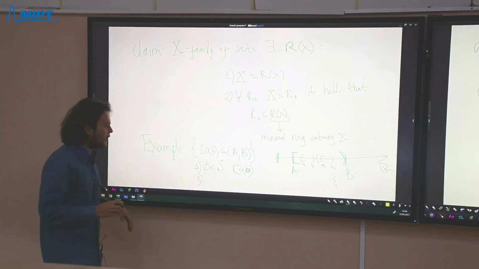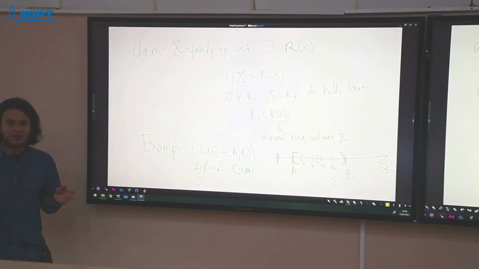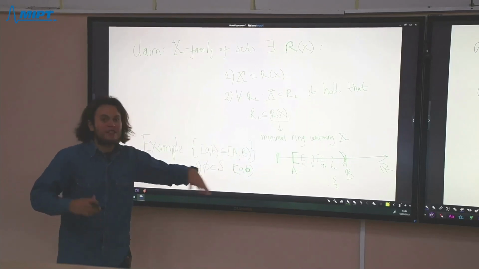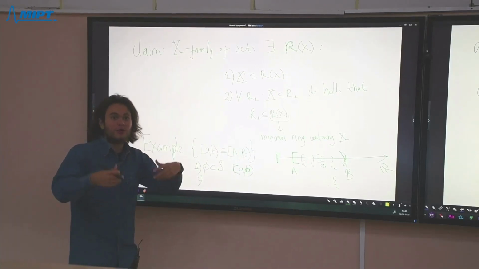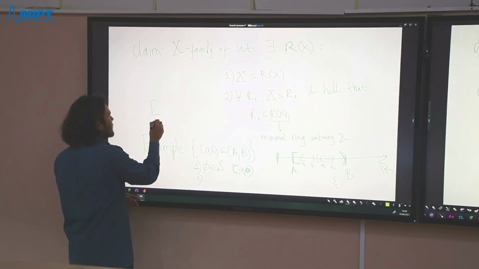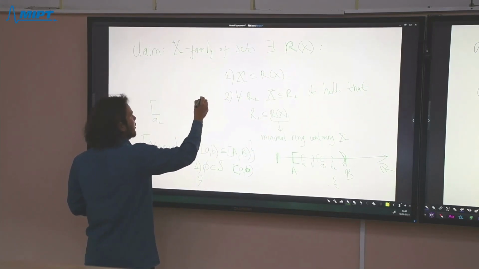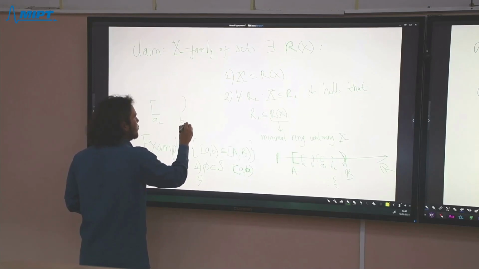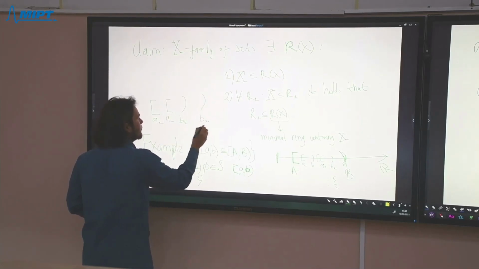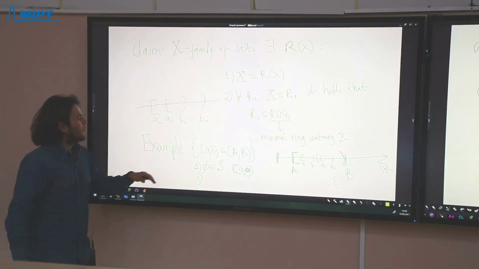The second one is the intersection. Of course, the intersection of two half intervals is going to be a half interval, so it's also an element of S. We have some A sub 1 and B sub 1, and some A sub 2 and B sub 2. What's the intersection here?